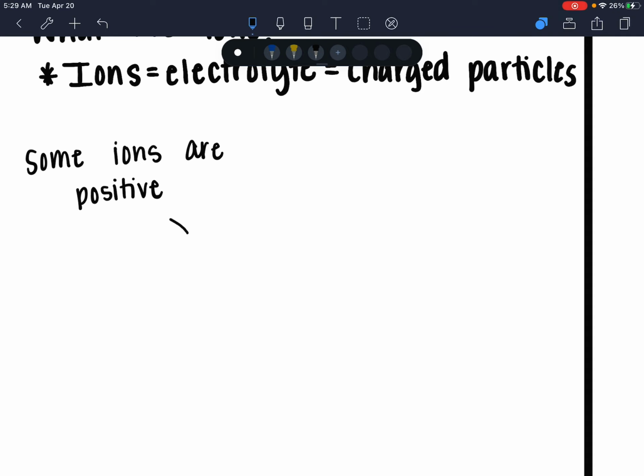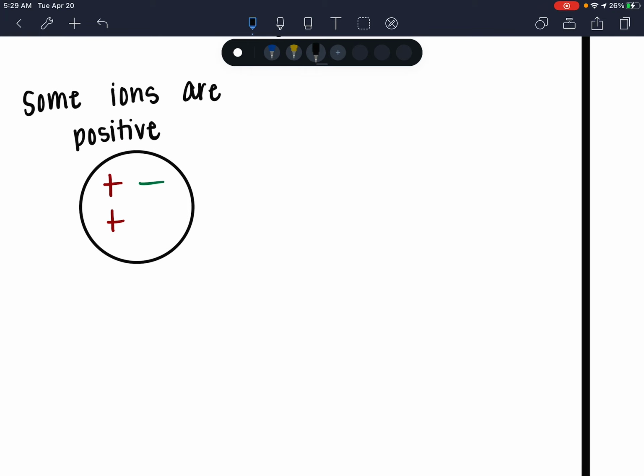Let me illustrate with a plum pudding model. Let's say this was our particle. A positive ion might have 2 positives within it and only 1 negative. Overall, the charge of this particle is going to be positive. We would call this ion a special name to denote that it has a positive charge. We'll call it a cation.